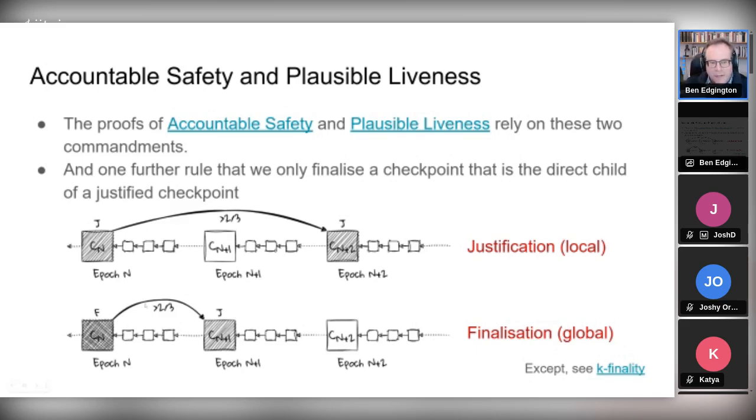So we only finalize a checkpoint when its direct descendant, the checkpoint in the next epoch, is justified. Justification is the most important property. Finalization is just a nice cherry on top. And of course, everything in Ethereum is more complicated than you hope it is. So actually, we're doing something more sophisticated than this called K-finality, but you can read about it there. But this is the original Gasper vision.